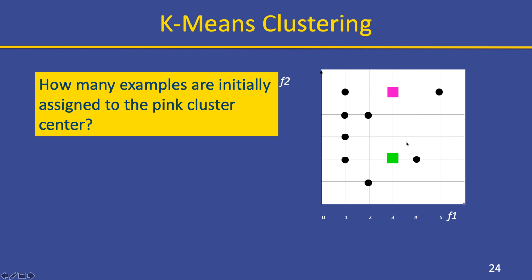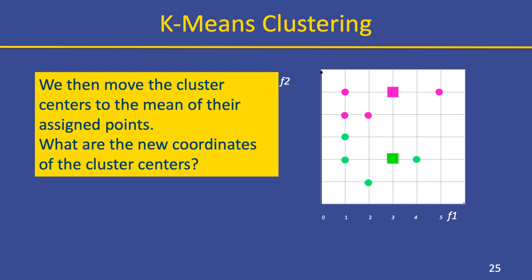This point is closer to green, this one is closer to green, this one is obviously closer to green, and this one is closer to green. So it looks like these 4 points, 1, 2, 3, and 4, are assigned initially to the pink cluster center. And these 4 points are initially assigned to the green cluster center.